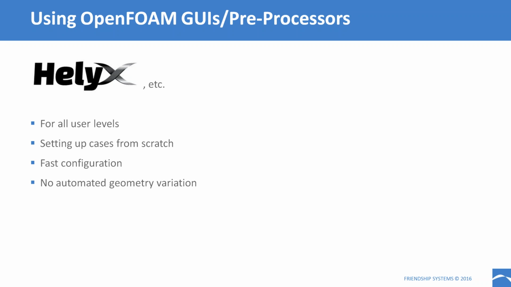It's very suitable to set up a computation case from scratch in a very easy way. So the complete configuration of the case can be entered in the user interface, and the dictionary files are created automatically. It's very fast in setting up a case from scratch, but it is also not necessarily suitable to be used in the context of an automated geometry variation.